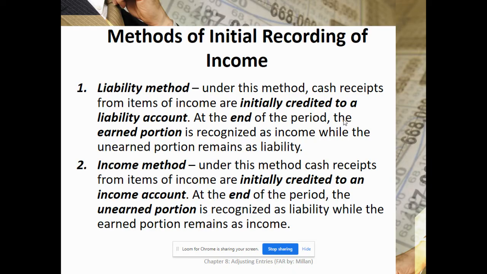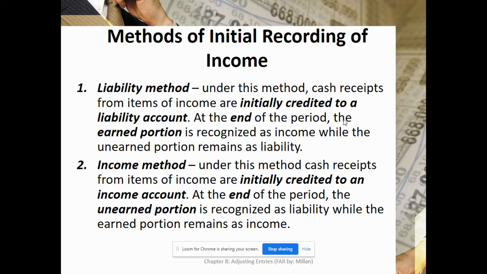Ngayon, may dalawang recording of income. Pwedeng liability method or income method. Pag sinabing liability method, cash receipts from items of income are initially credited to a liability account. And at the end of the period, the earned portion is recognized as income while the unearned portion remains as liability.